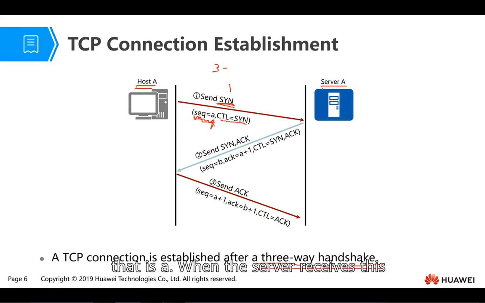Then when the server receives this, it regards it as a request to establish the connection, so the server will confirm it. Once confirmed, it sets SYN and then sets the acknowledgement, which means I have received your SYN packet. Then the server's sending sequence number is B, a number, for example 1000.